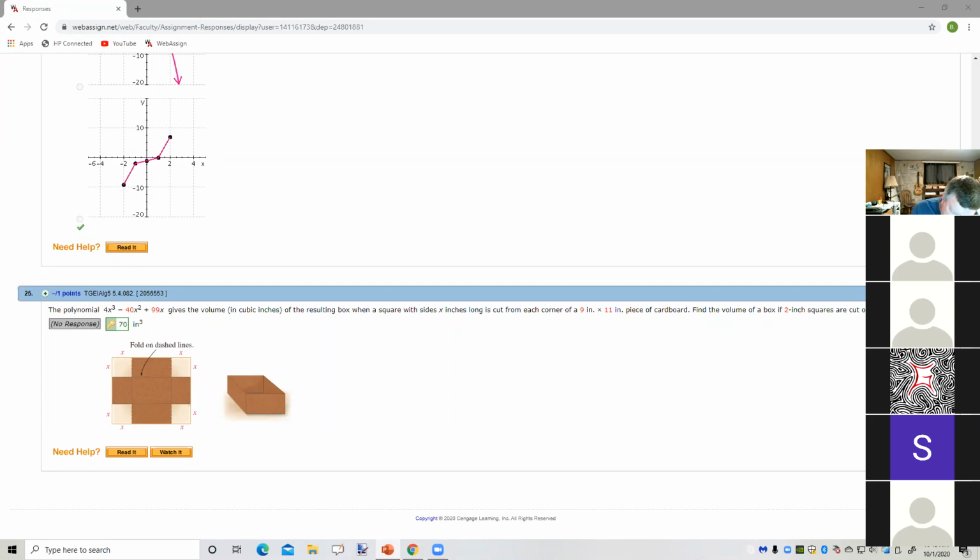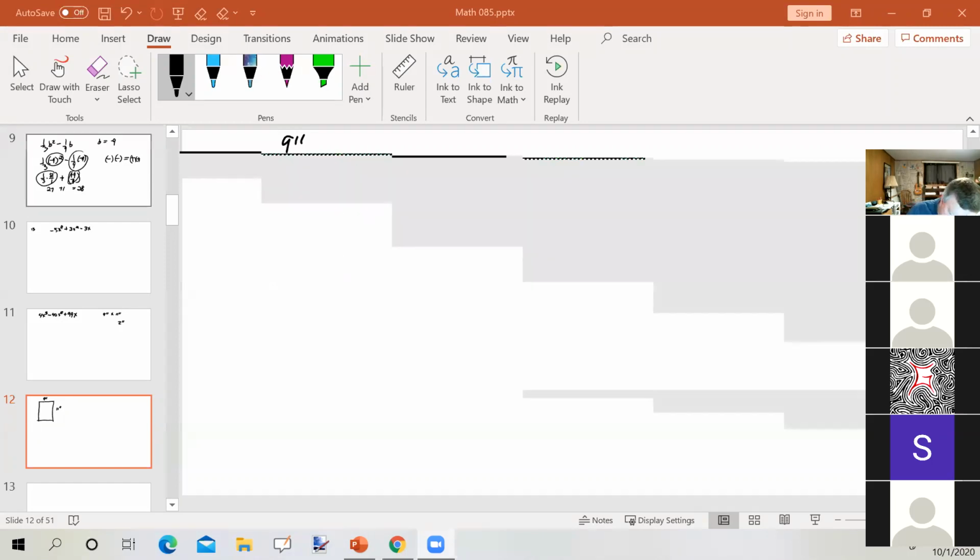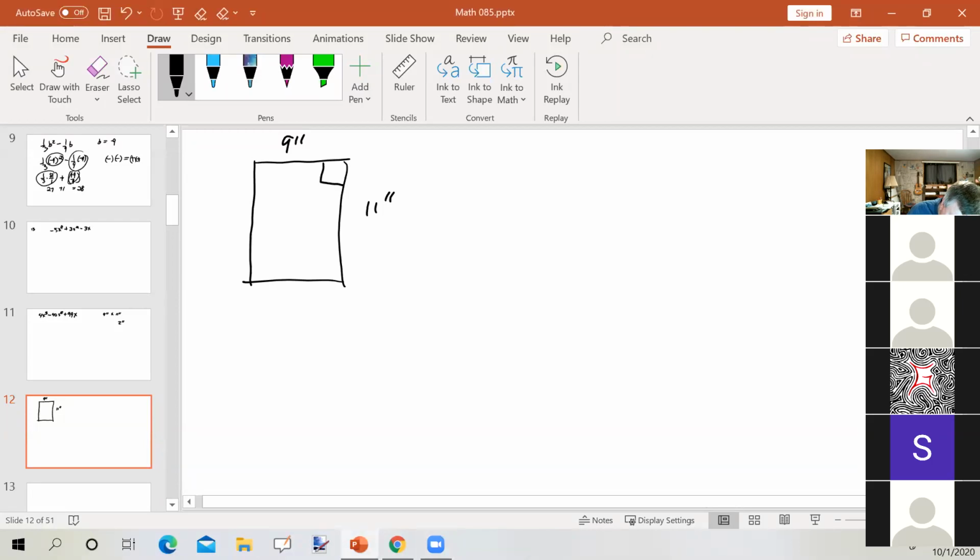Okay. I'm going to go to the work screen here, but I will give you the details. We've got this piece of cardboard that's 9 inches by 11 inches. Okay. We're going to cut a square from each corner of this piece of cardboard. So we're going to cut a square here and here and here and here. All right.